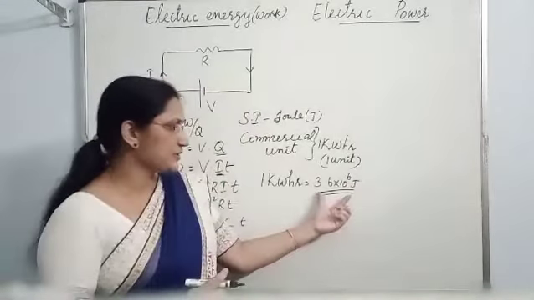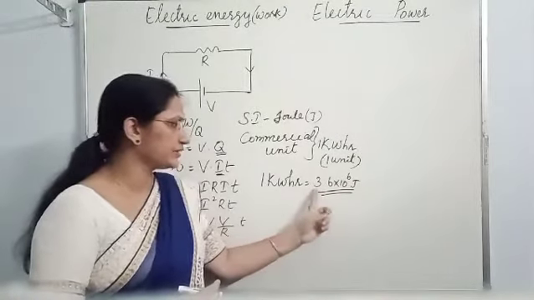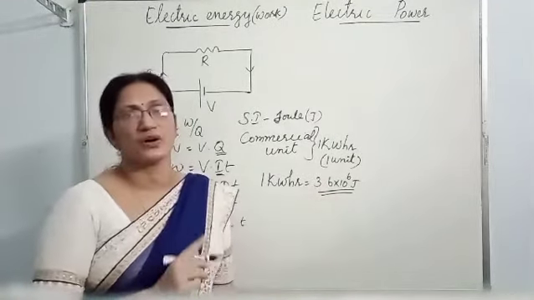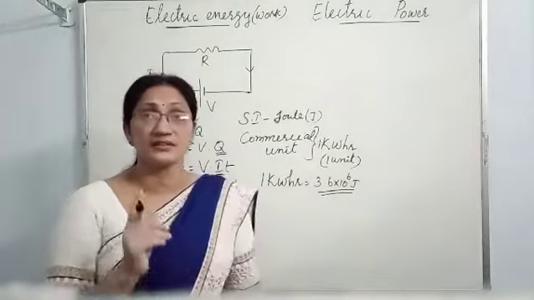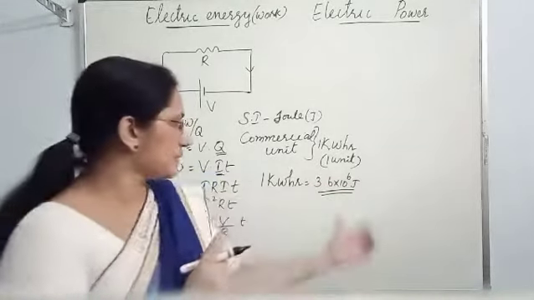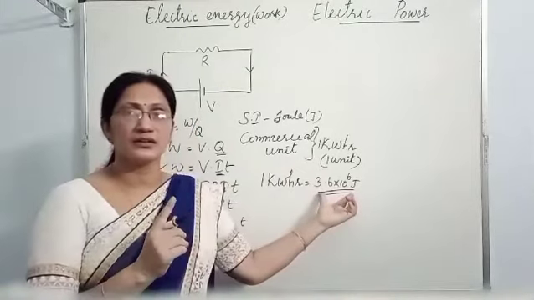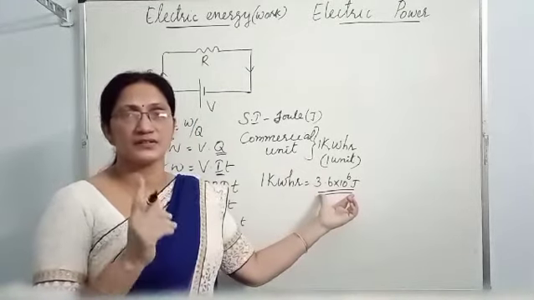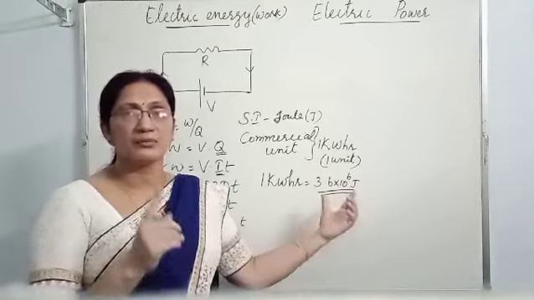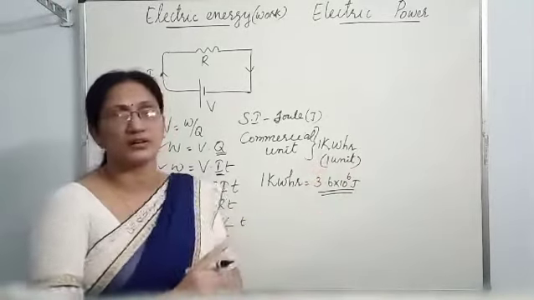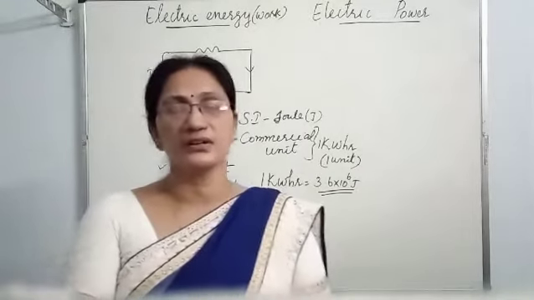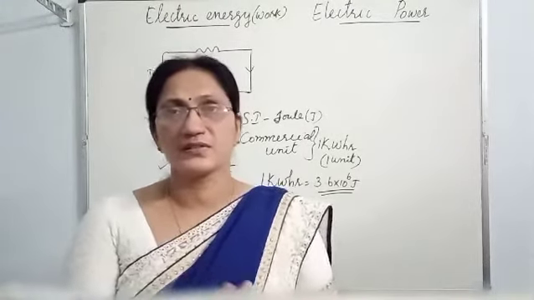When you consume this much joules of energy, the meter shows it as 1 unit. 3.6 into 10 to the power 6 means 36 lakh. This number is 36 lakh joules of electricity when you consume. The meter records it as 1 unit or 1 kilowatt hour, and per unit we pay the electricity bill.